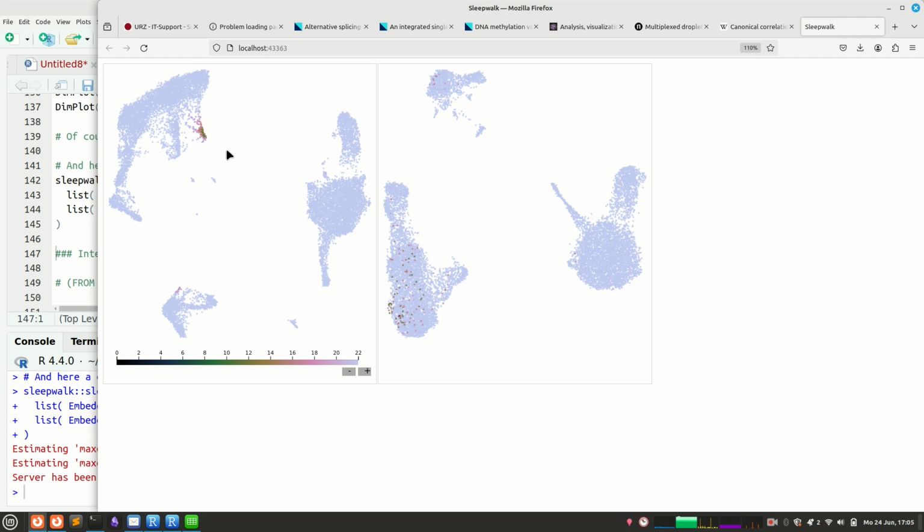For example, if you have one control type of cells, and once it gets stimulated, it throws a coin, and with probability 50% it changes this way, and with probability 50% it changes in another way. Then of course this will confuse our CCA, because the variation between the two possible responses to the stimulus doesn't appear in the control setting. So we cannot get covariation because the variation doesn't appear on both sides.